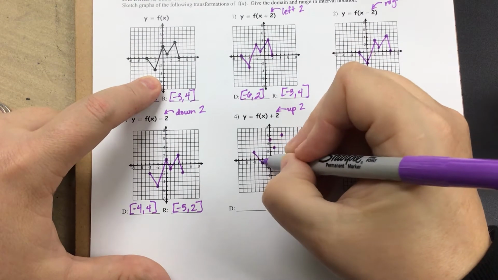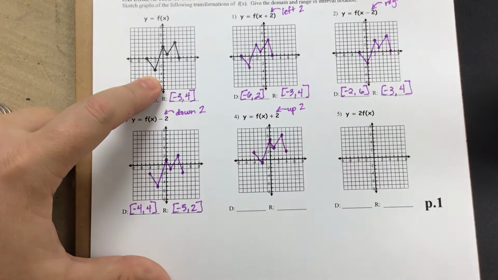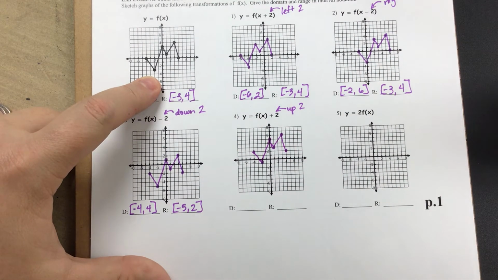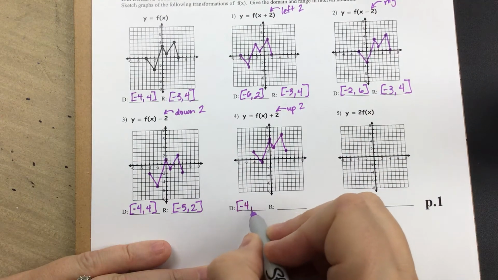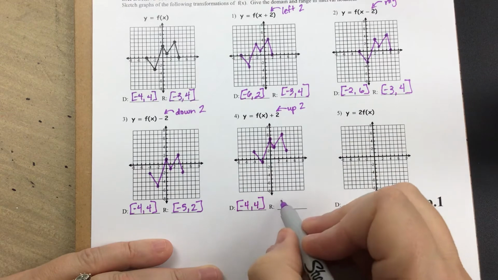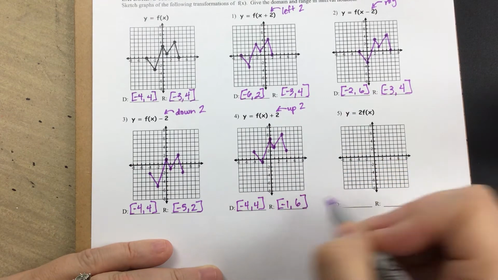If I connect my points, again, it did not change shape or size, it just shifted up 2. My domain is still going from -4 to 4. This time my range is going from -1 up to 6.